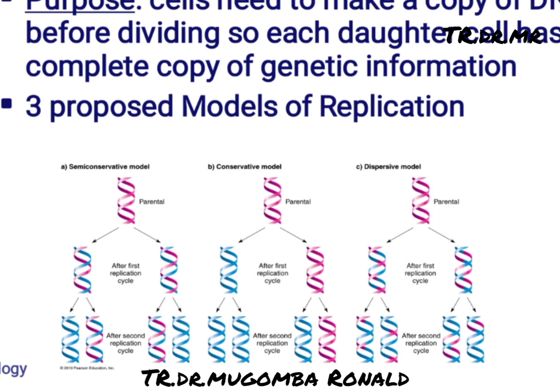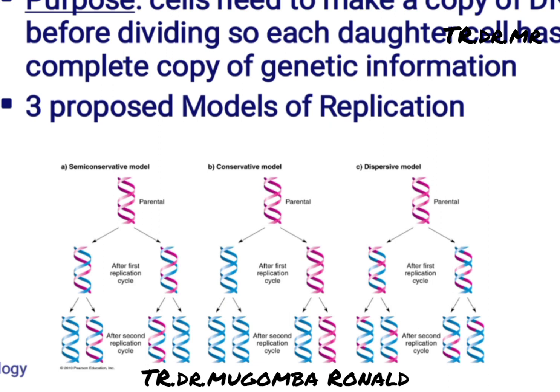The first is what we call the semi-conservative model of DNA replication, where the parent DNA is unwound, and each of the parent strands is used as a template to form new DNA, or daughter DNA.